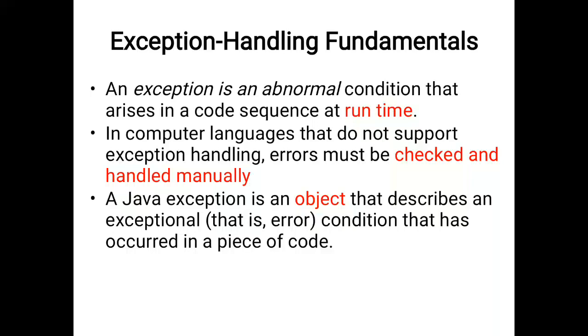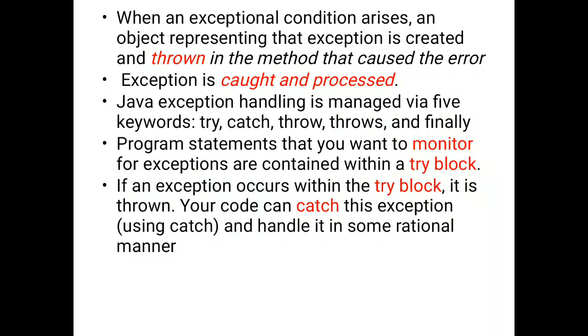A Java exception is an object that describes an exceptional condition. That indicates that in Java each exception is represented as an object. That object describes what that exception is. When an exception condition arises in a program, the object representing that exception is thrown.